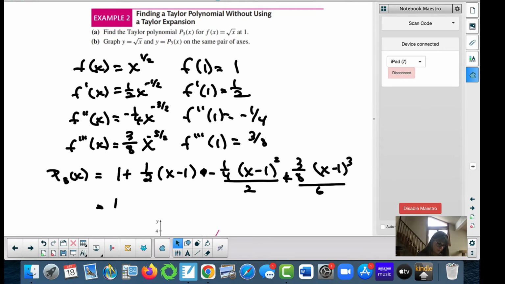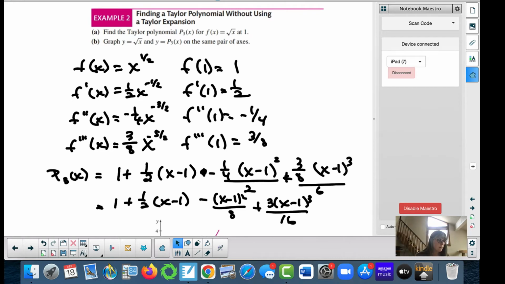So simplifying that gives us 3 over 48 here, which is 1 over 16. So that's the simplified version of our polynomial.